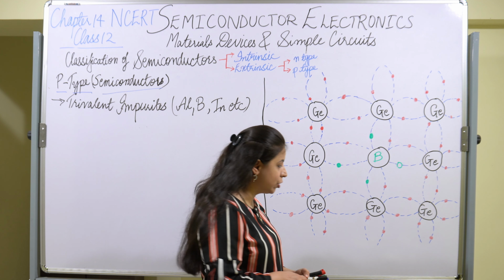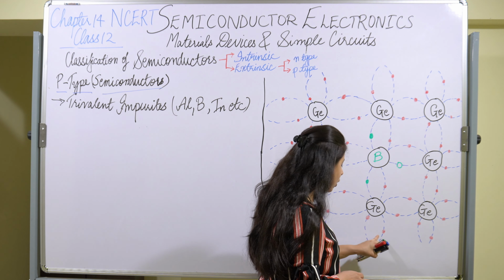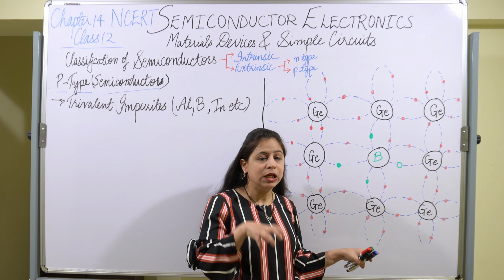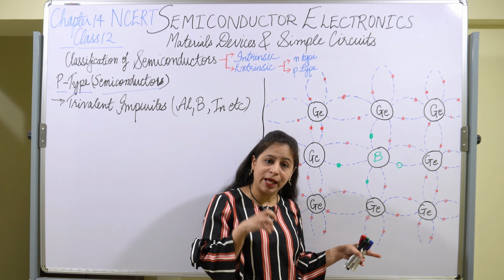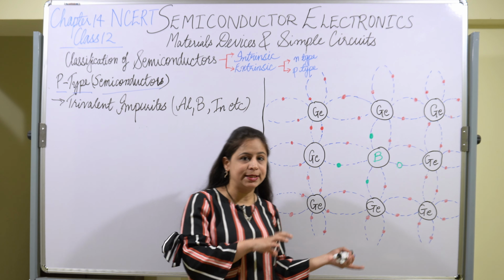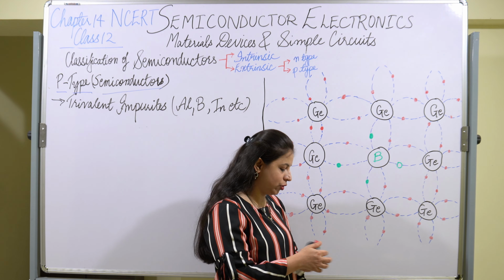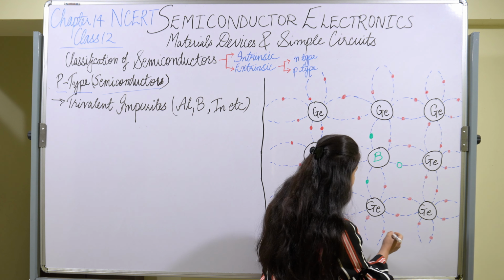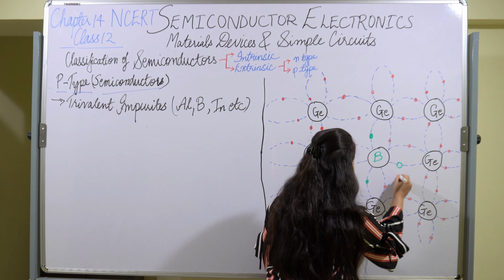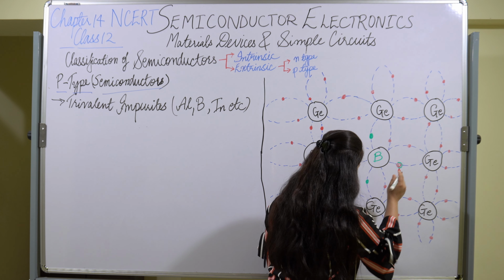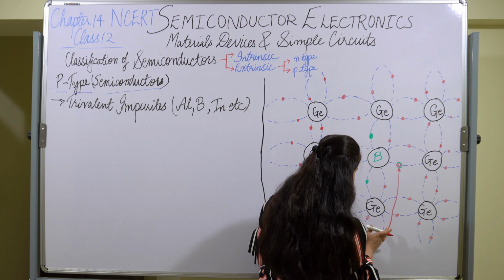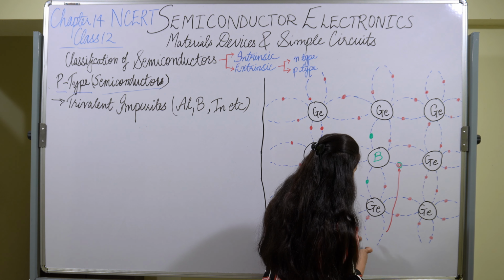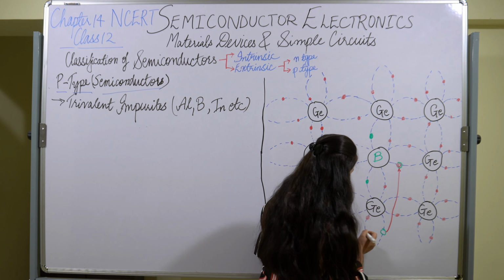So it jumps to that hole, and from where it leaves, it forms a hole on the other side. Suppose this electron jumps from here to here, it gets attracted to the hole, and it forms a vacant space over here.